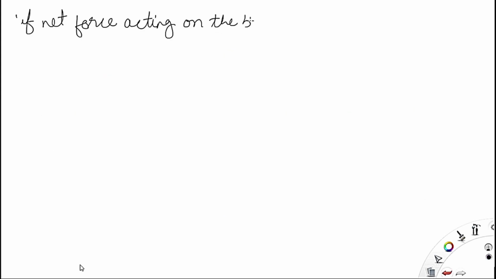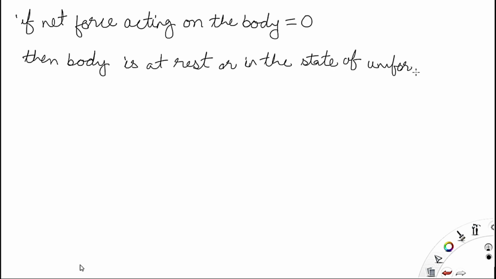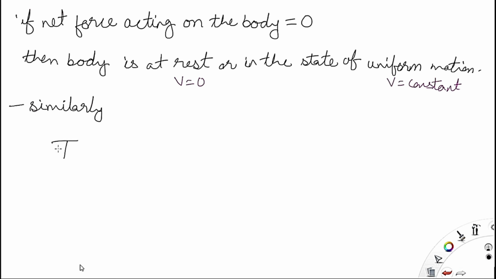If the net force acting on the body is equal to 0, then the body is at rest or in uniform motion. Rest means velocity is equal to 0, and uniform motion means linear velocity is constant.